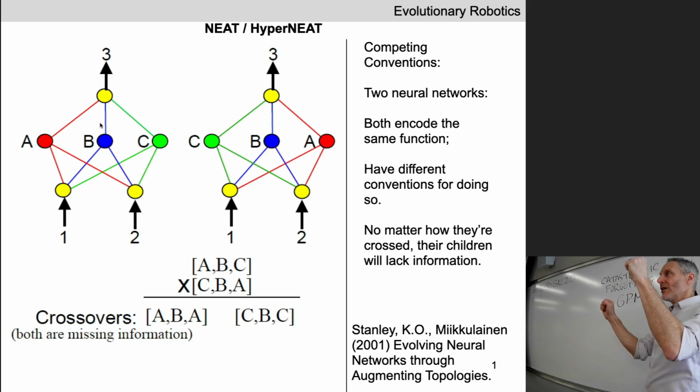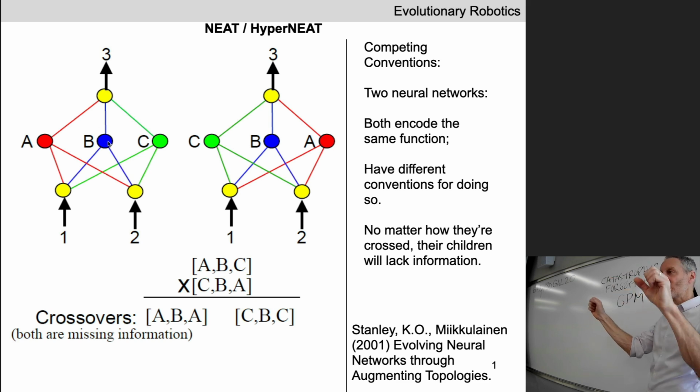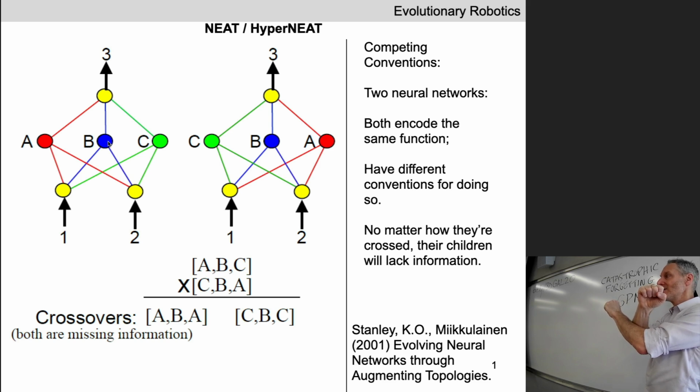Who said that hidden neuron 1 has to be the AND and hidden neuron 2 has to be the OR? It's equally possible that neural networks start to evolve where in one neural network, hidden neuron 1 is starting to evolve the ability to do OR, and hidden neuron 2 is evolving the ability to do AND.